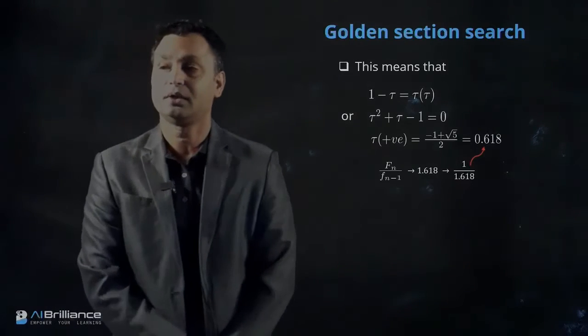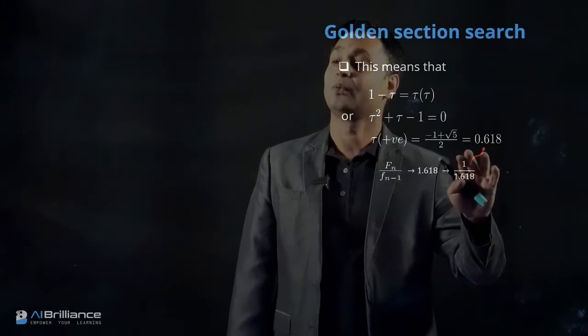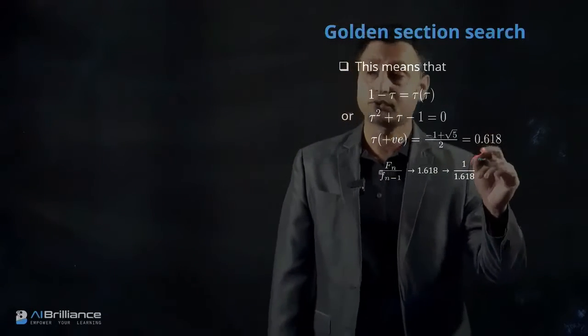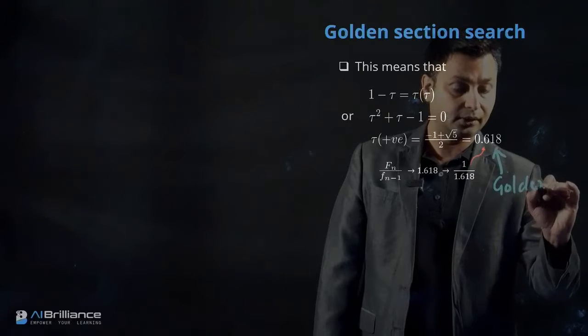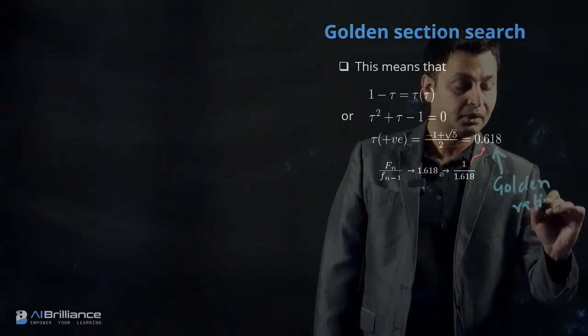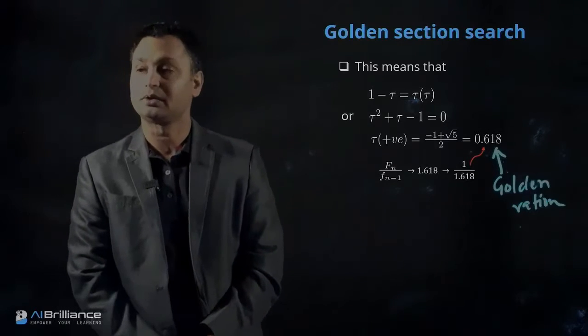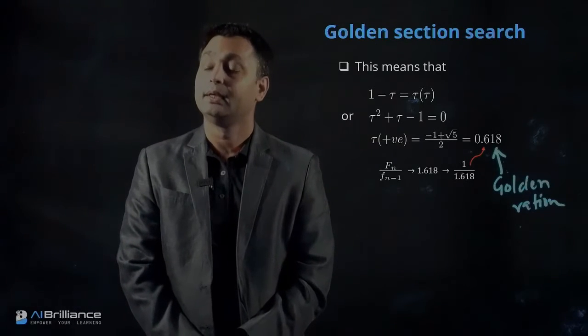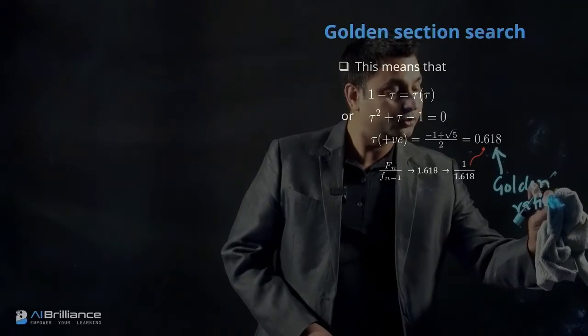That's a quadratic equation, so I can solve for it, and essentially I will get this ratio, which is 0.618. This ratio is known as the golden ratio, and this is where the name golden section approach comes from. This tau value of 0.618 is called the golden ratio, and this is what we are going to be using in our overall algorithm.